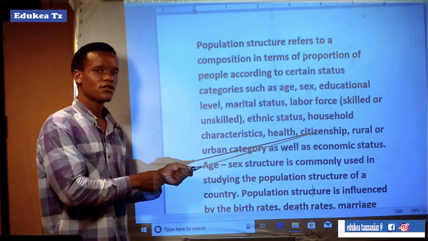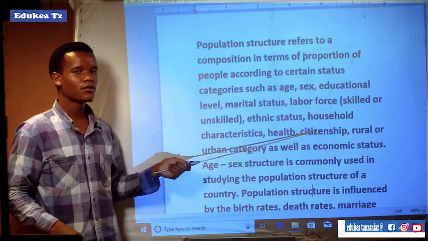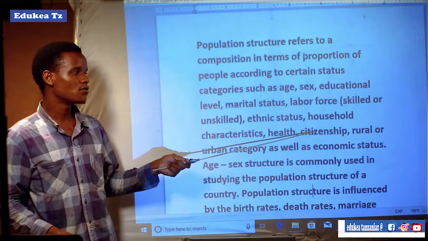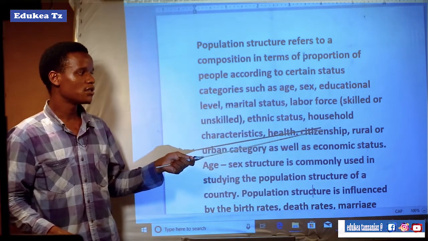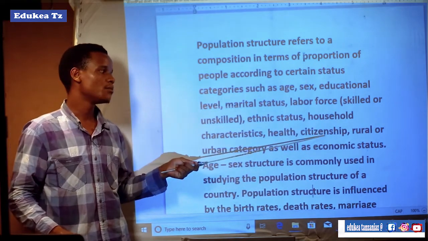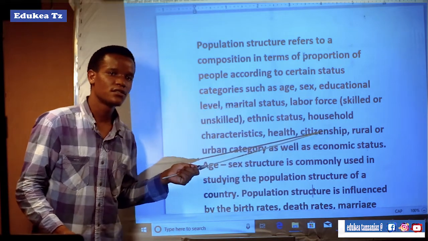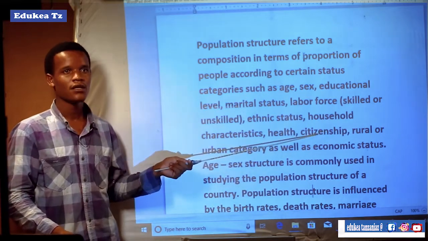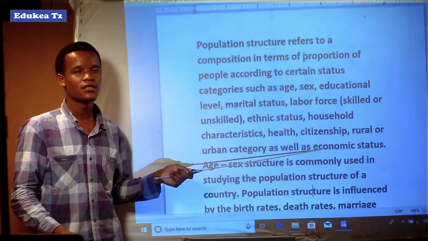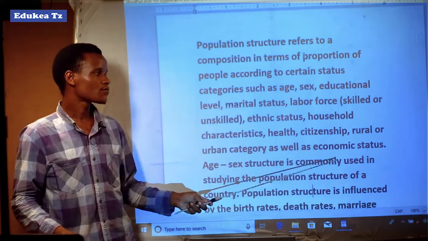Citizenship: a person who belongs to a particular country is called a citizen. Citizenship can be by birth, by naturalization, or by descent.